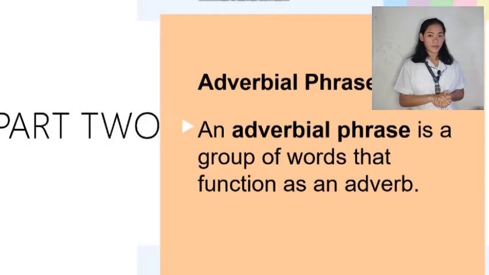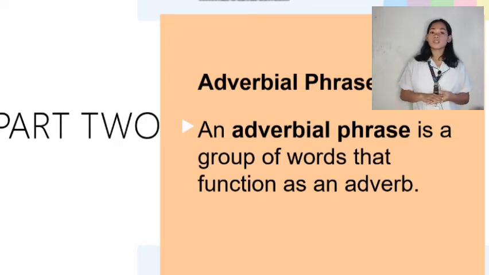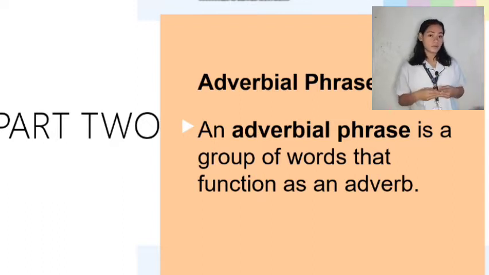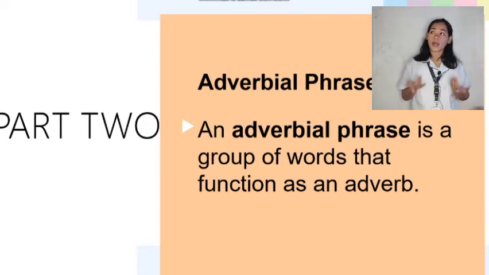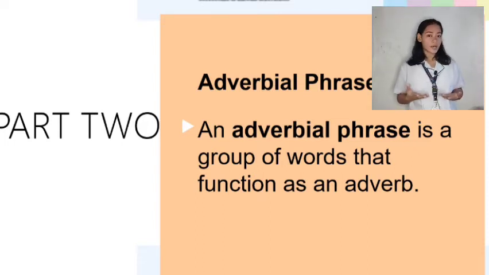Now, an adverbial phrase or adverb phrase is a group of words that functions as an adverb. So, like an adverb, the adverbial phrase also modifies a verb, an adjective, or another adverb. It shows how, when, why, or to what extent, and where an action takes place.